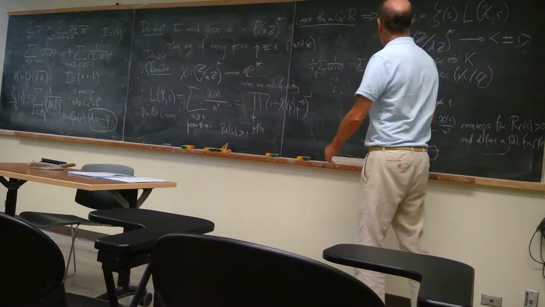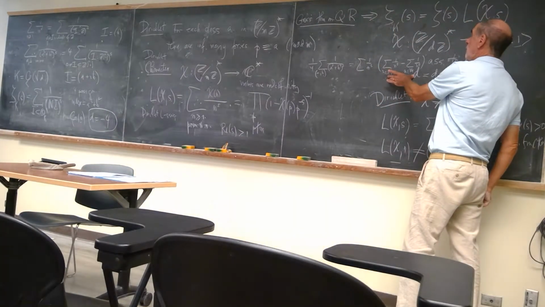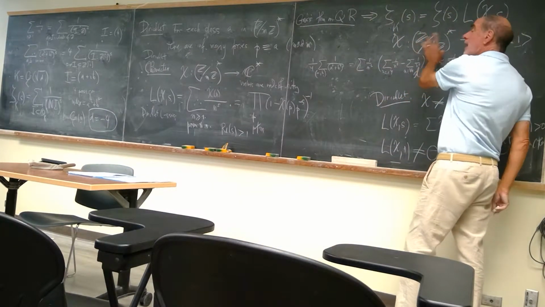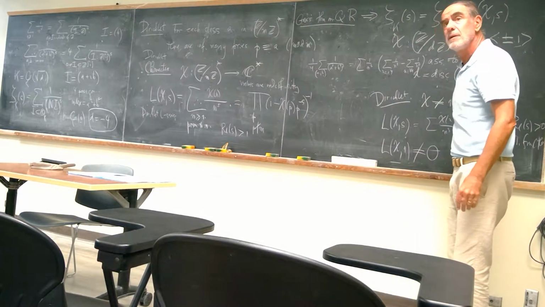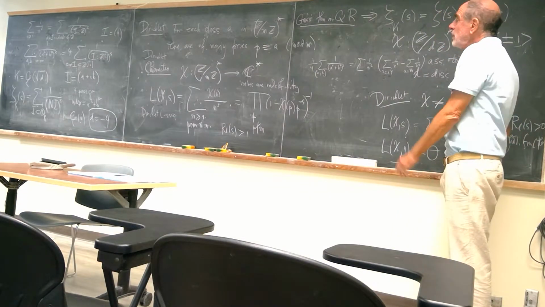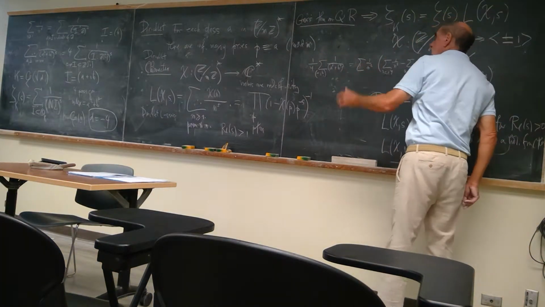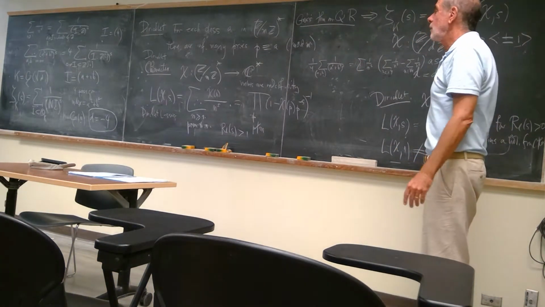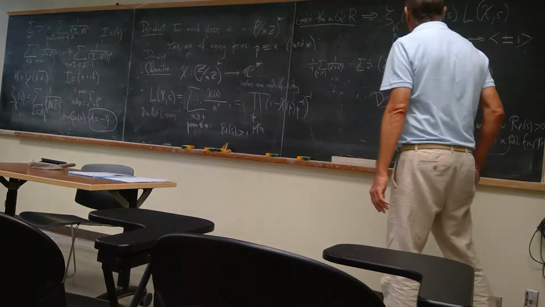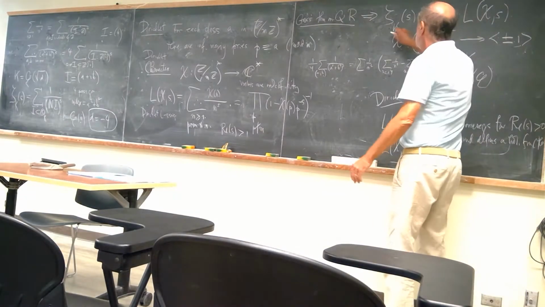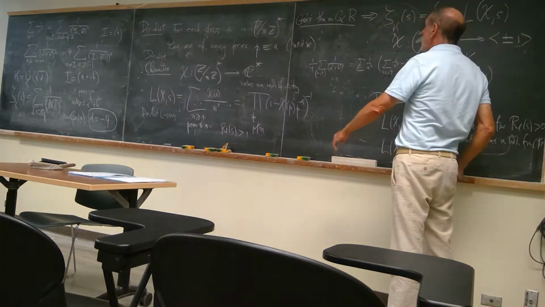Because this is the Riemann zeta function, and this is the Dirichlet L function for the quadratic character of Z mod 4 star. So that's an amazing identity because this doesn't look at all like this. So we'll get to see how Dirichlet reinterpreted quadratic reciprocity to understand the zeta functions of quadratic fields.